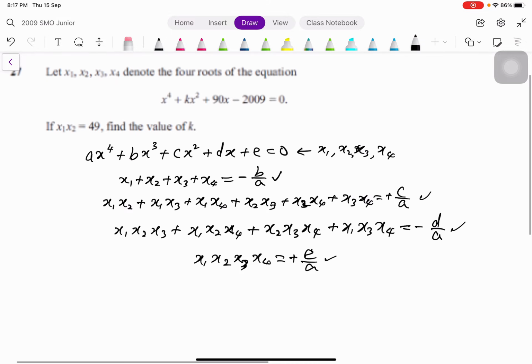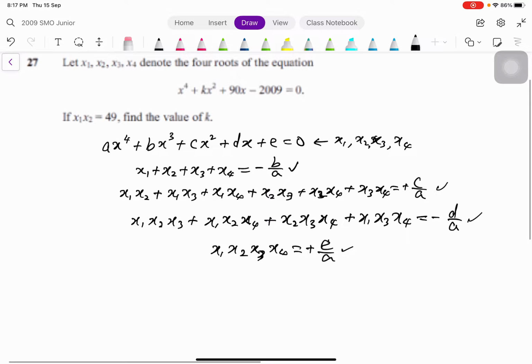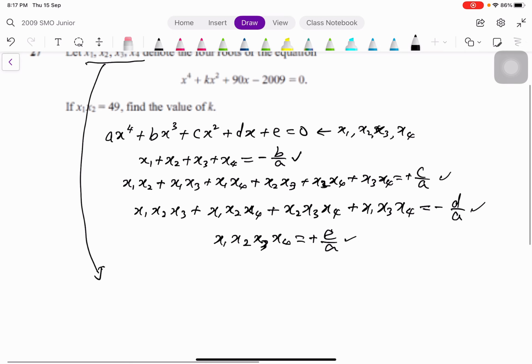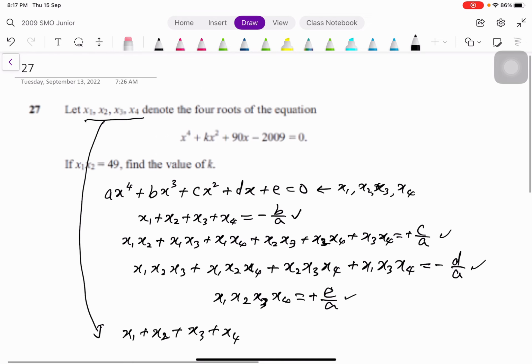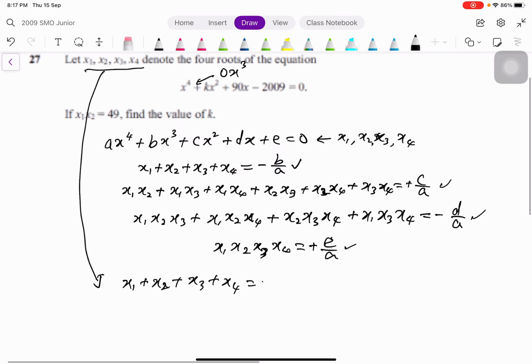Therefore, once you understand this theory, you will be able to see that according to this question, the roots are x1, x2, x3, x4. Therefore, x1 plus x2 plus x3 plus x4: the missing term is 0 times x to the power of 3, so this is equal to negative 0 divided by 1.